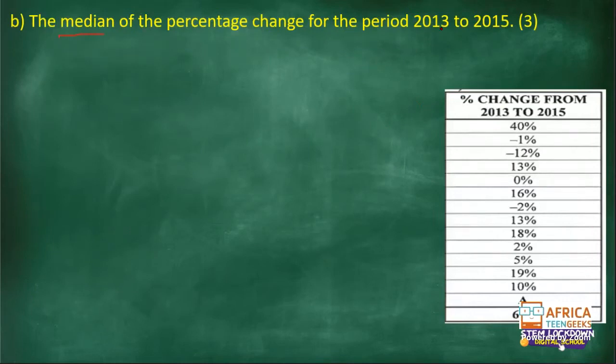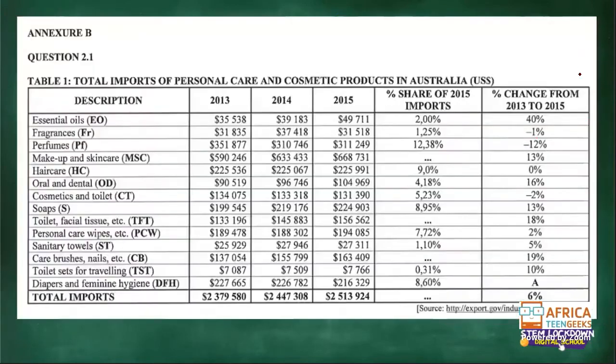So we are doing the median of the percentage change for the period 2013 to 2015. That is why I cut out that column dealing with the percentage change from 2013 to 2015. We are focused on this column. You'll notice it is this column here from this table.